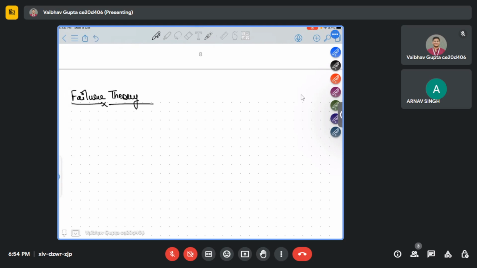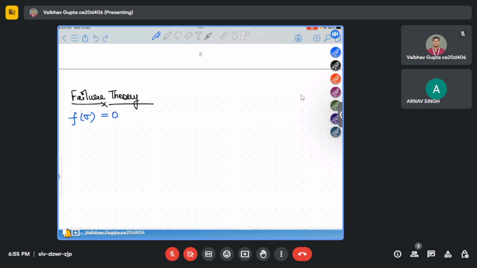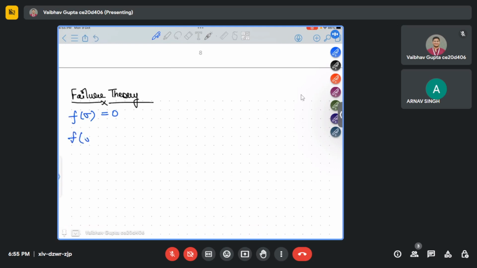So the main idea is that failure theories are a function of stresses. This is the symbolic way of representing this. Now, which type of stresses? In failure theory, you will always deal with principal stresses, sigma 1, sigma 2, sigma 3, and principal directions N1, N2 and N3.